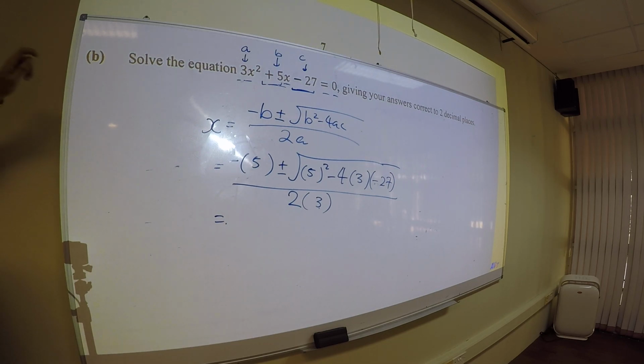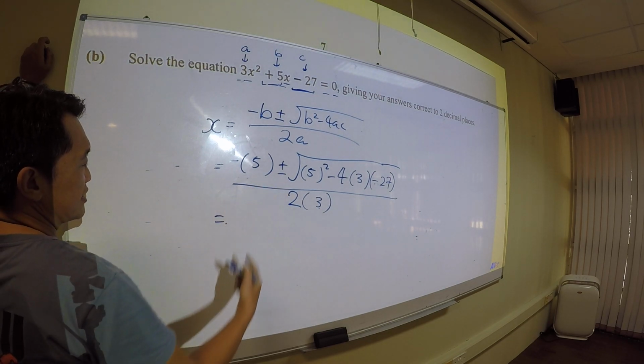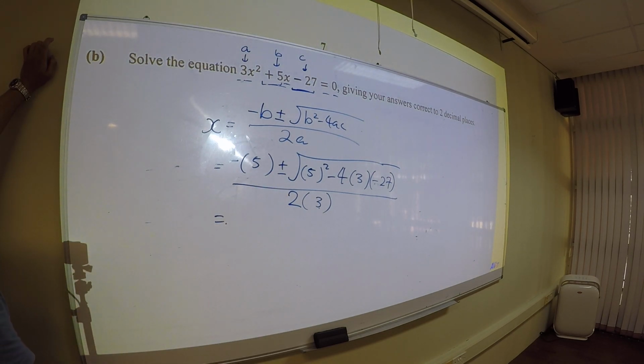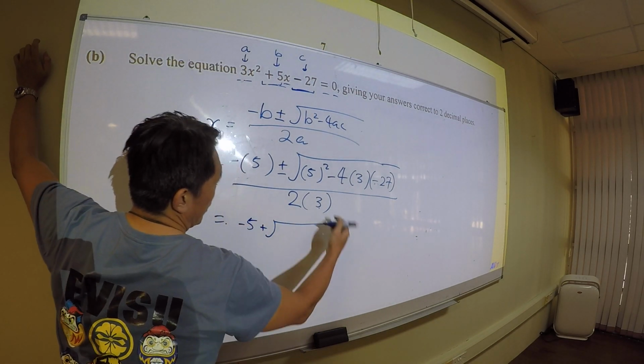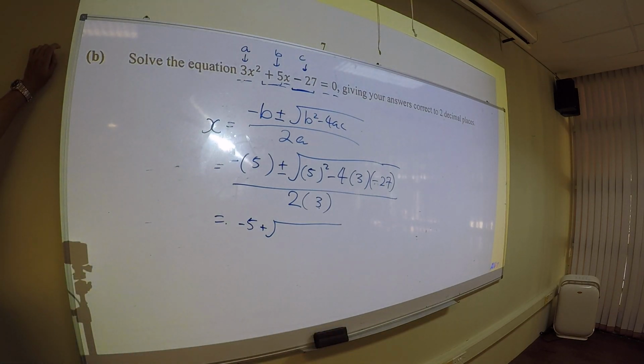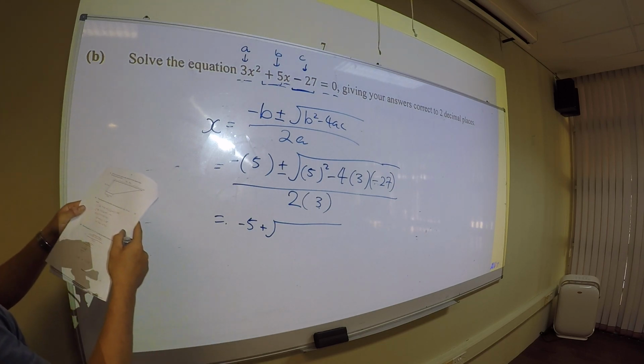Okay, so this plus minus is actually they will give you two answers. One of the answer is negative 5 plus square root of whatever is inside. Whatever is inside, press calculator. Just follow the exact same thing that is written. Press calculator. 349.